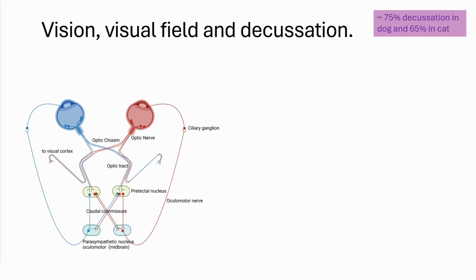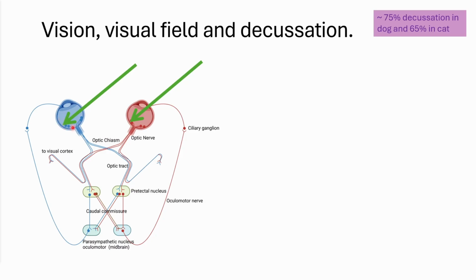Now, what this will affect is your visual fields and how they are perceived in the brain. So if we talk about this right-sided visual field, so everything coming from the right here, then when it hits the right eye, it will hit the nasal field, and when it hits the left eye, it hits the temporal visual field.